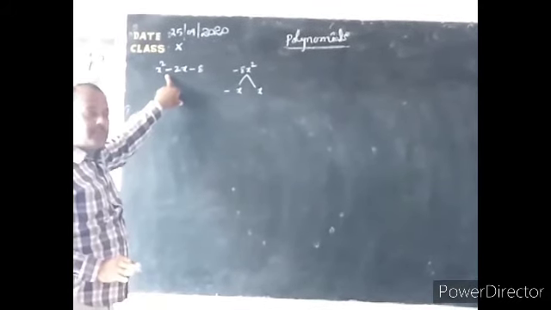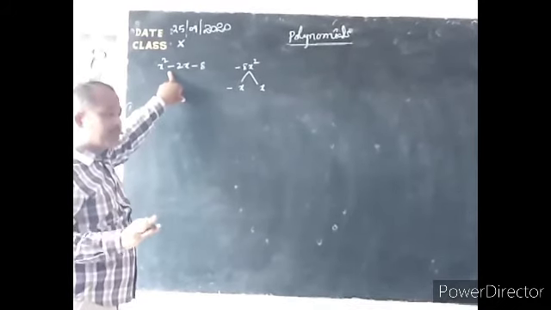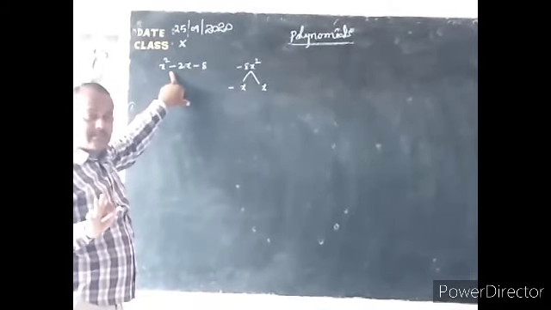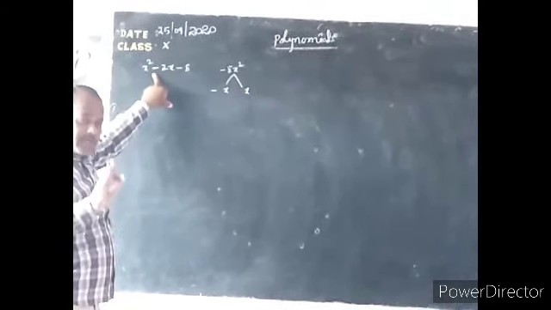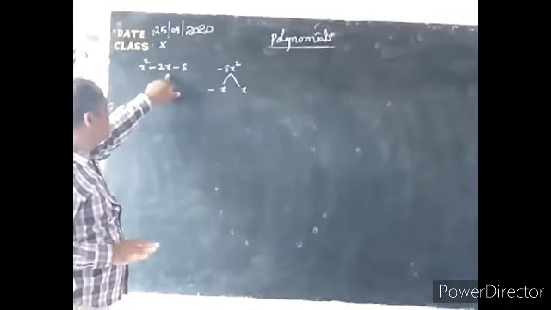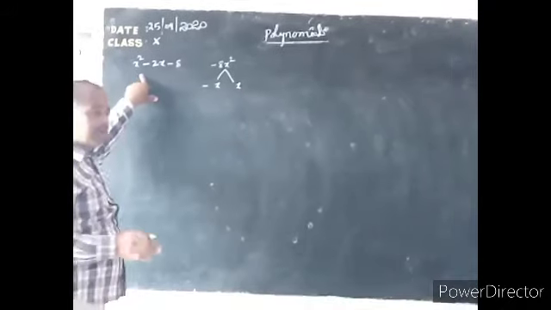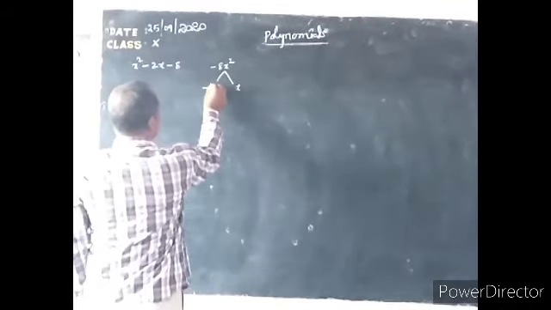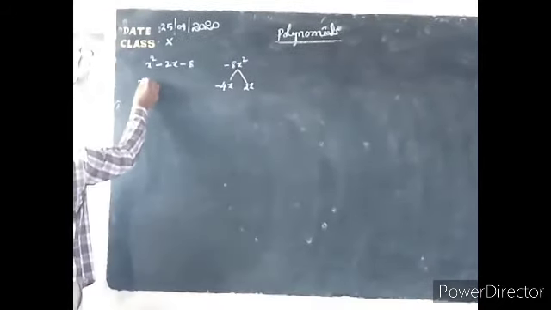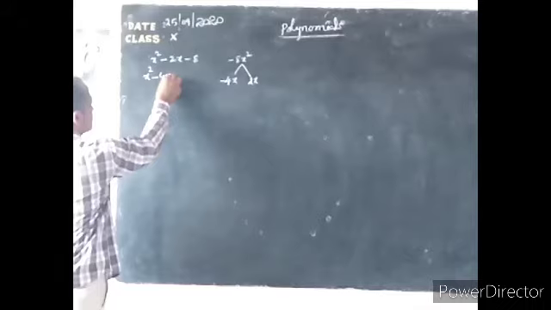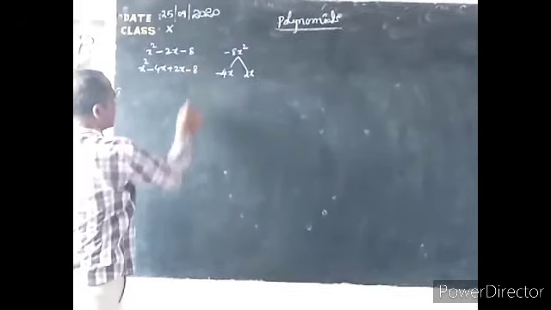So 4 and 2 is okay. The difference is 2 only. But which number should you take as minus? Either 4 or 2. Minus 4. Why? Because the sum should be a negative number. So for the negative value you should take the greater number. So 4 and 2. Now write x square minus 4x plus 2x minus 8.